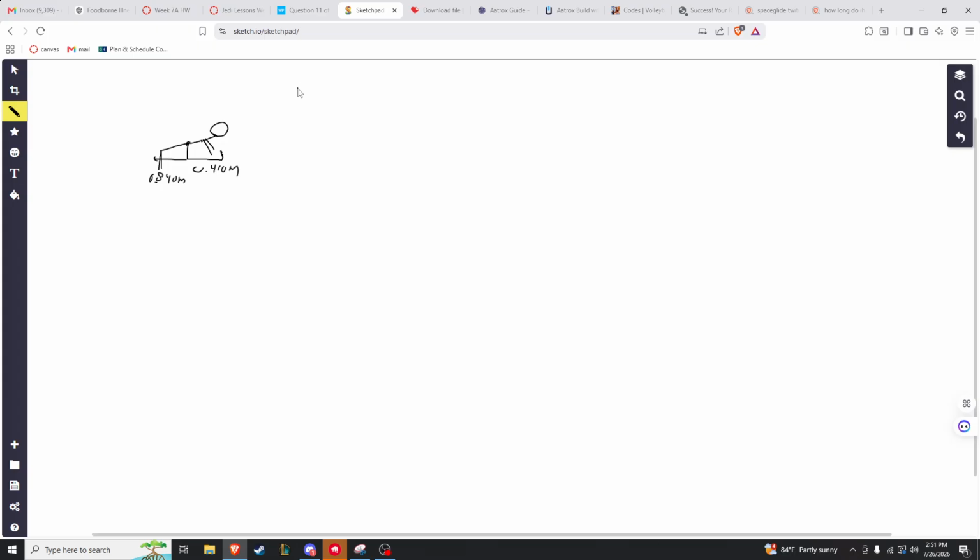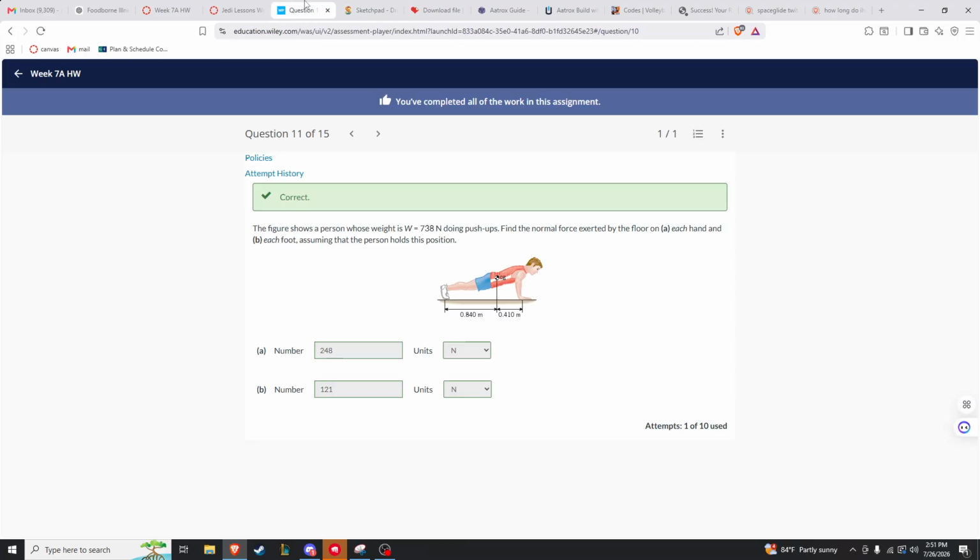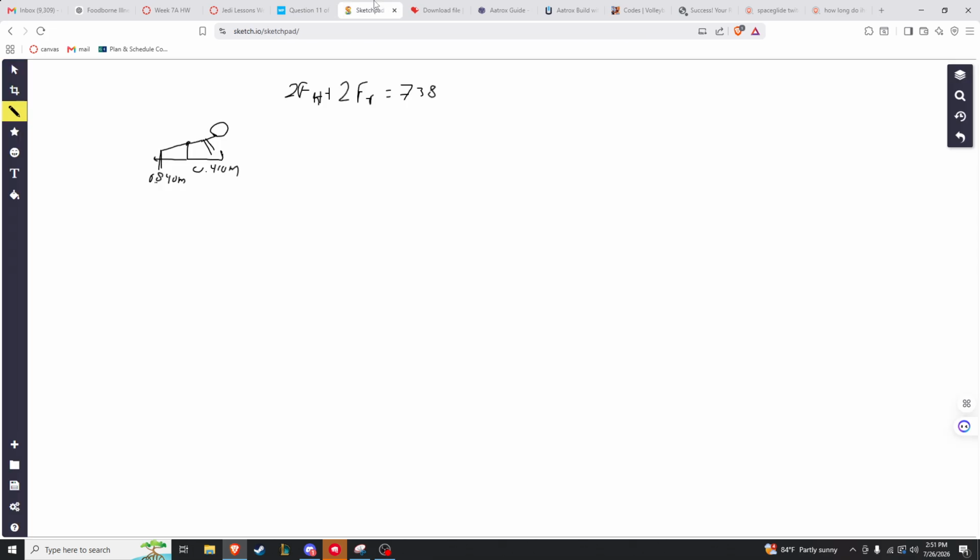So it would be 2 times the force of the hands plus 2 times the force of the feet is equal to 738 newtons, because that is his weight.